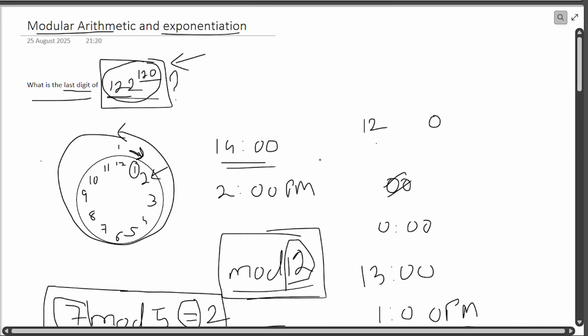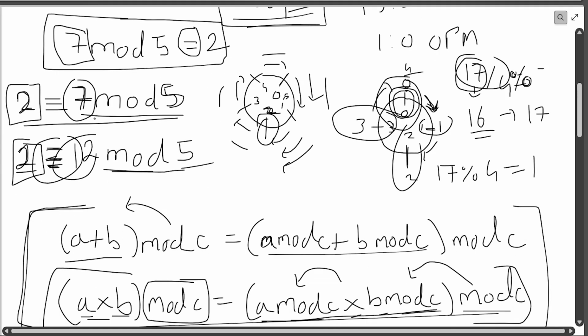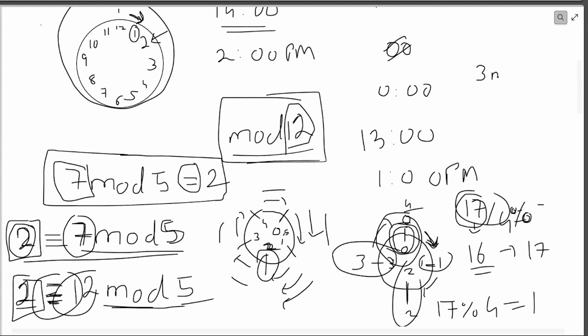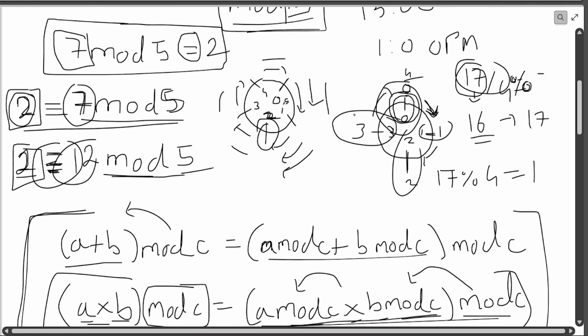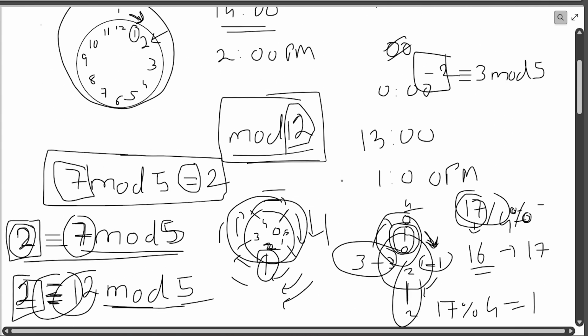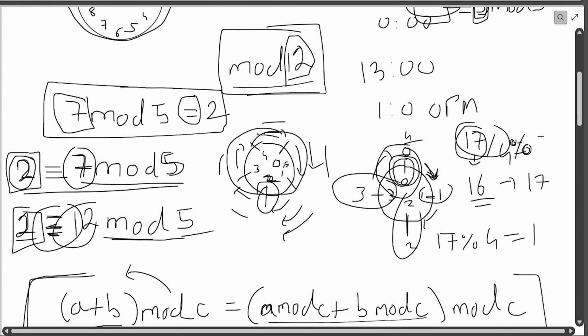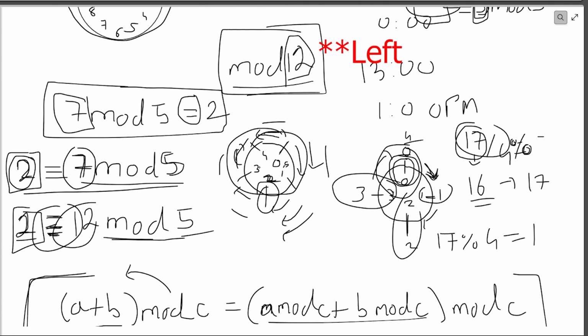Coming back to the circle, if we say that 3 mod 5 is congruent to minus 2, that is correct, since if you are in a circle divided into 5 units and you have to land at the position minus 2, that is 2 steps in the opposite direction. You can see we landed at 3.